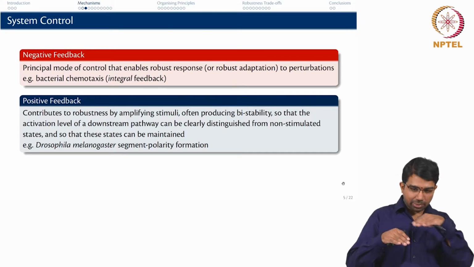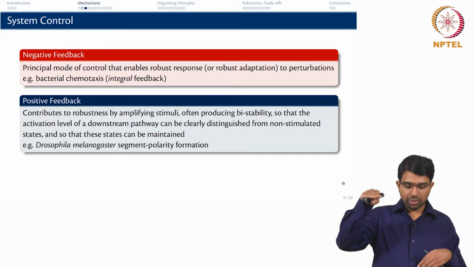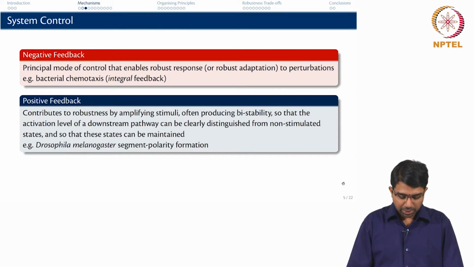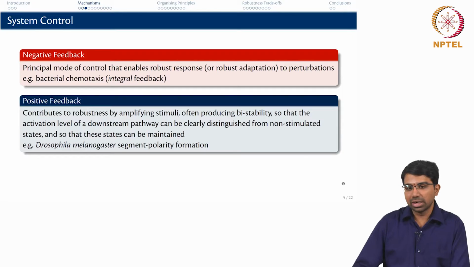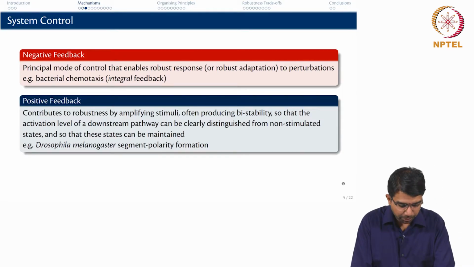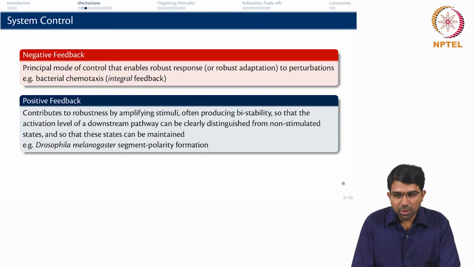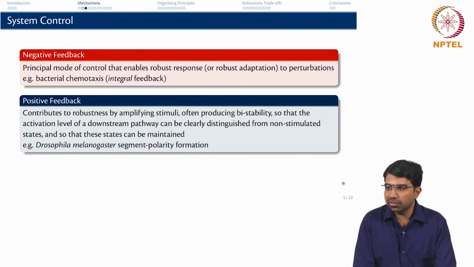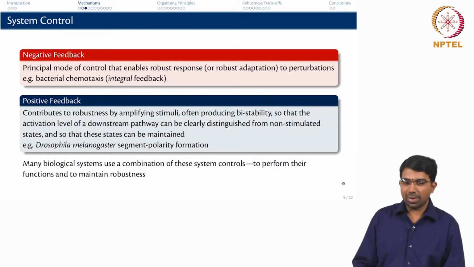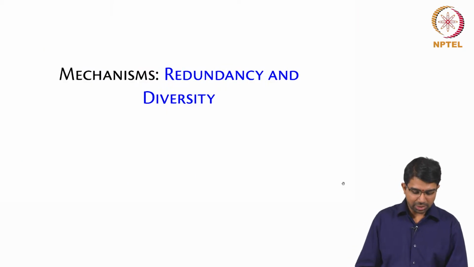So that you can either maintain it at off or at on, and this happens in, for example, Drosophila segment polarity and so on. You can read a little more about this; I will share the paper with you as I was talking about. But basically you have two types of feedback, both negative feedback and positive feedback, which help you maintain robustness, right, and there is a combination of all these that happens in any given biological system.